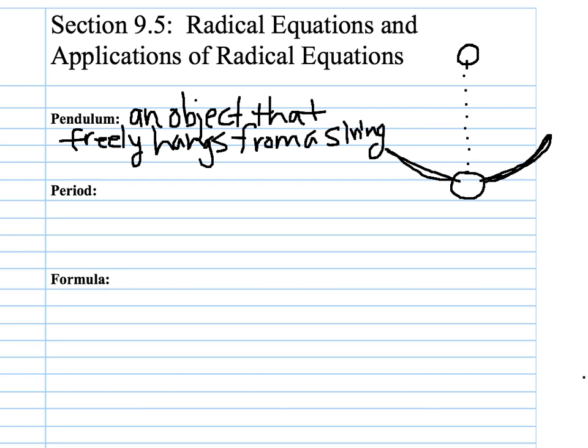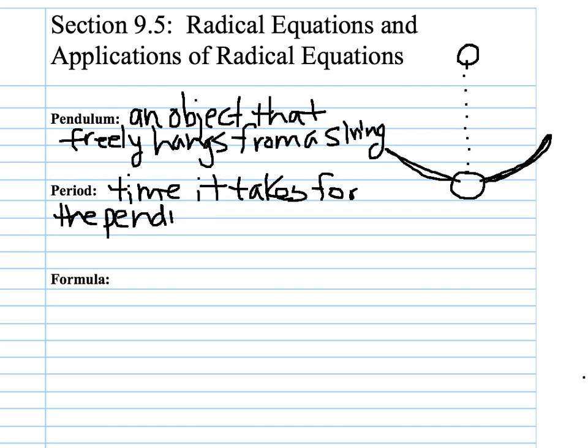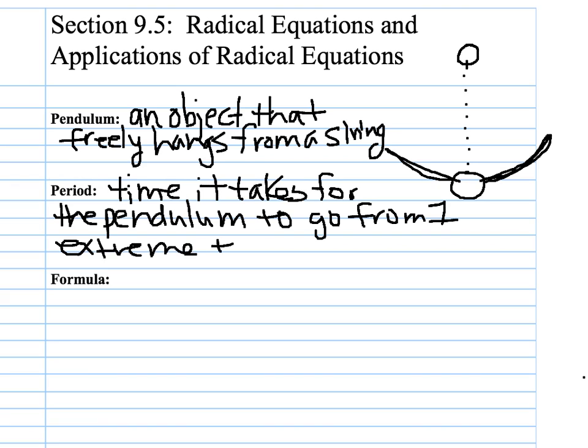Okay? The thing that connects it to radical equations is its period. And when I say its period, I'm talking about the time it takes for the pendulum to go from one extreme to the other.